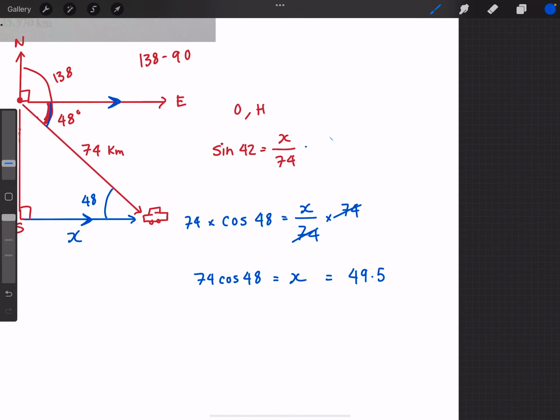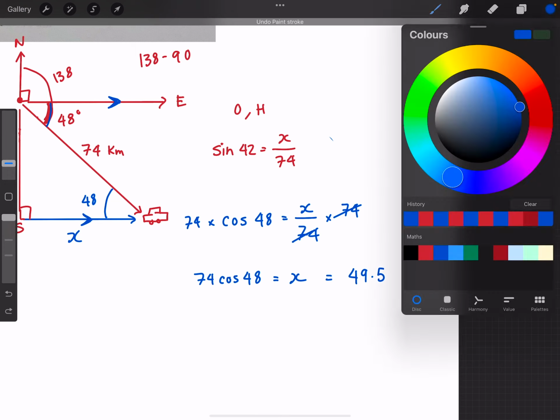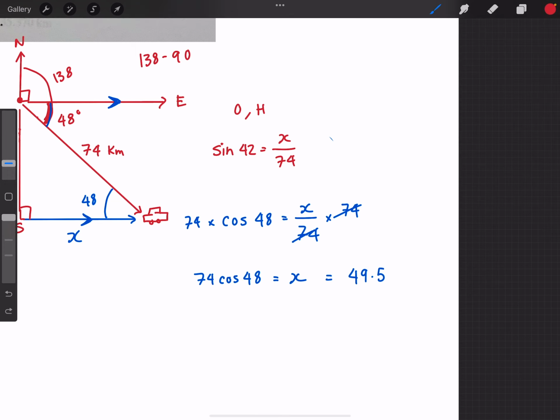Now if you had done it the other way, let's try this one. You could say, okay, if you multiply both sides by 74, you're gonna get 74 sine 42 is equal to x.